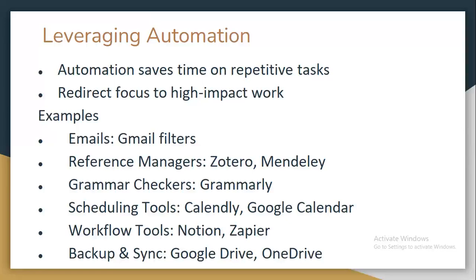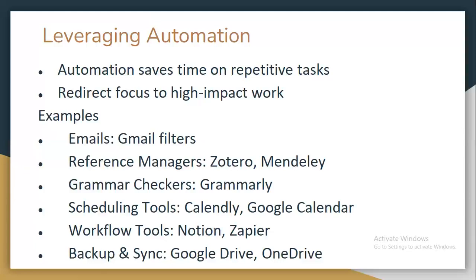And some of the apps or tools that can help to automate your repetitive tasks. You have the Gmail filter, right, for emails. So if you filter, depending on where a particular email is coming from, if it is spam, it won't even get to you for you to read, right? It will just quickly direct it into your spam box, and then you are good to go and focus on other important things.